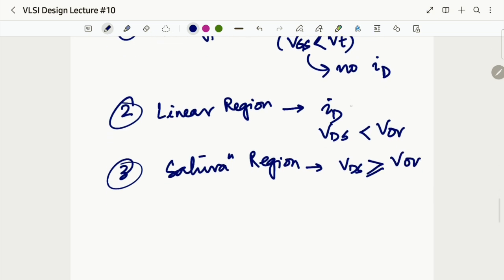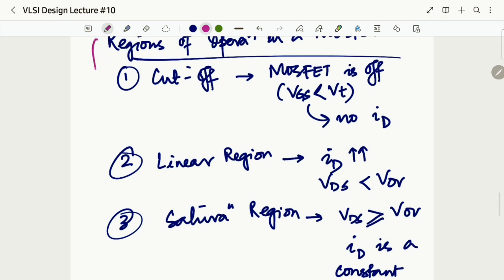In the linear region, current was growing, it was increasing, and over here in saturation, ID is a constant value.